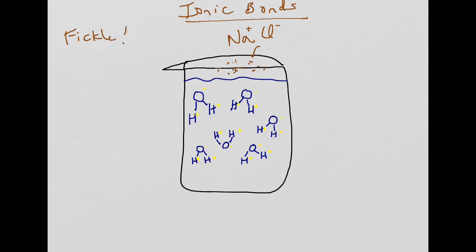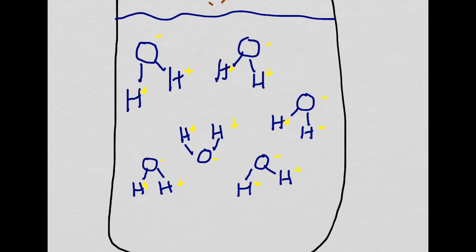Well, sodium gets in there, and that bond is fickle. Sodium has a positive charge. It's going to be attracted to the negative charges of oxygen. And chlorine has a negative charge. It's going to be attracted to all those hydrogens.